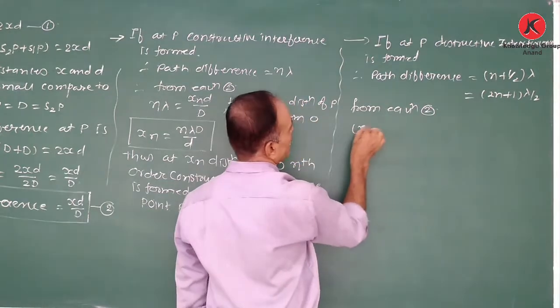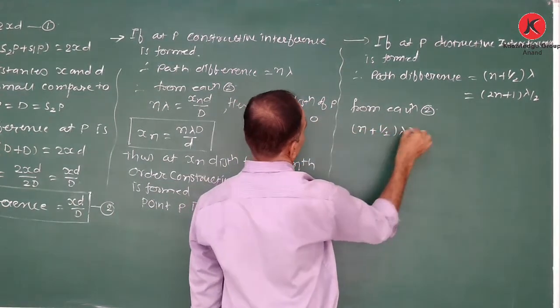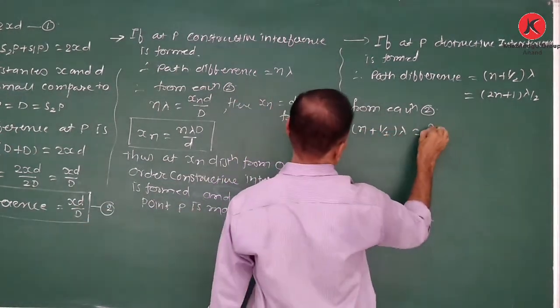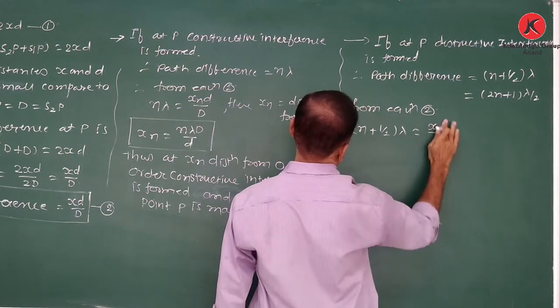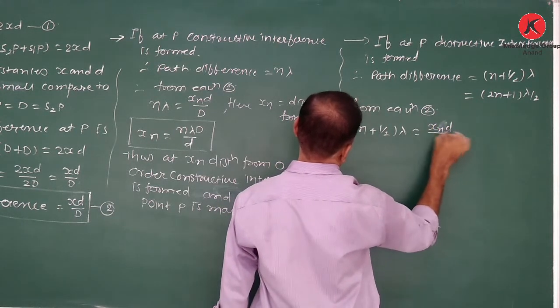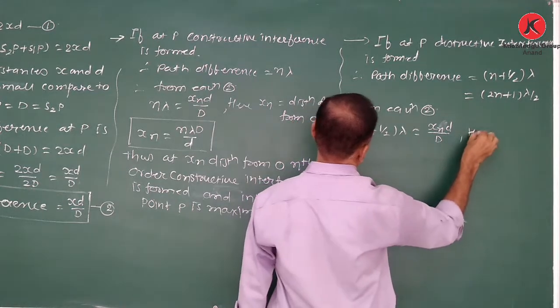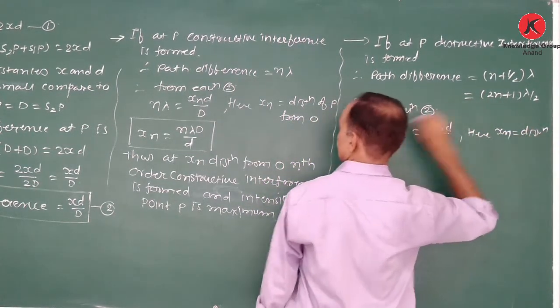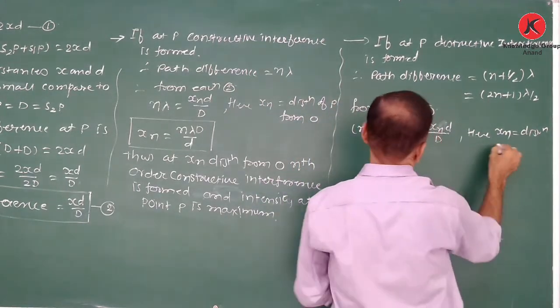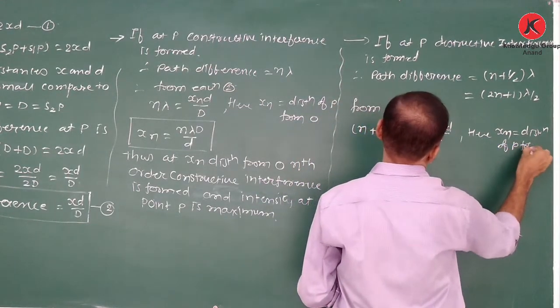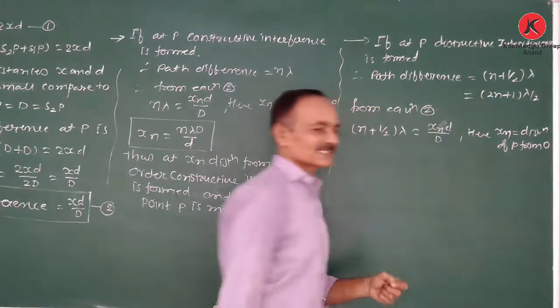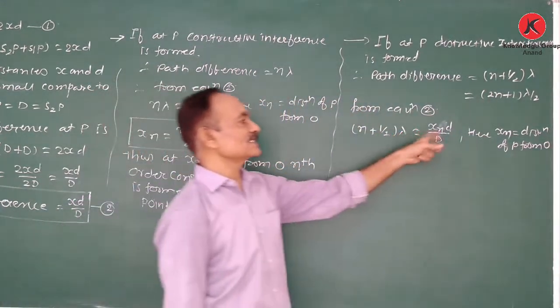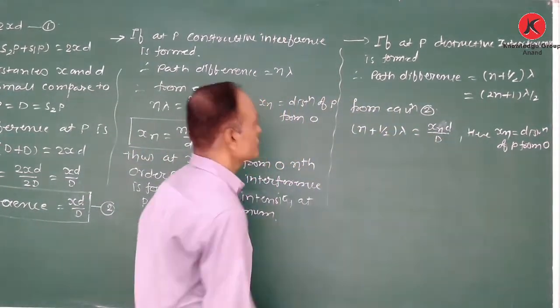From equation 2, n plus 1 by 2 lambda is equal to our path difference xd upon capital D. Here, x is equal to the distance of P from O. Because that is the nth order, we take this distance as xn.